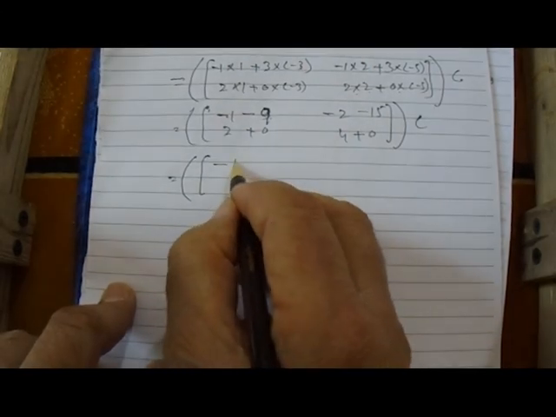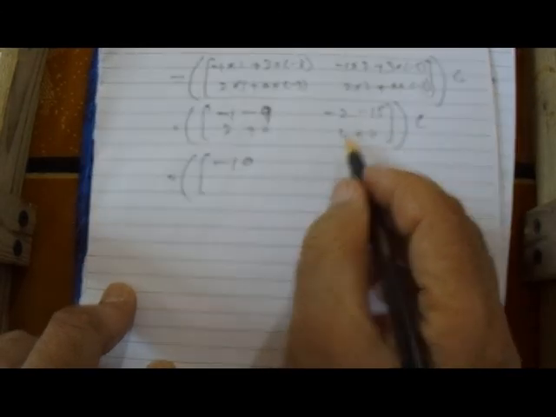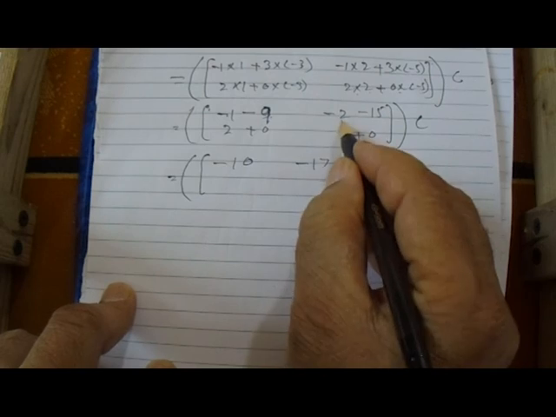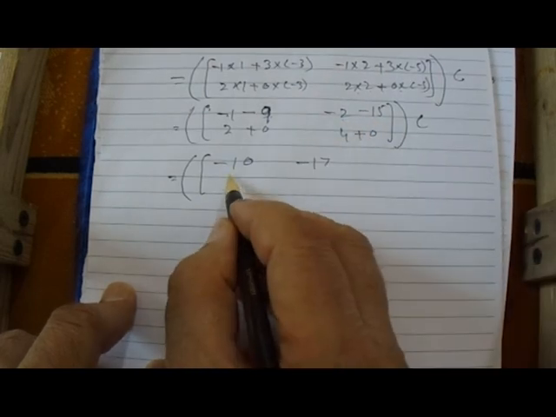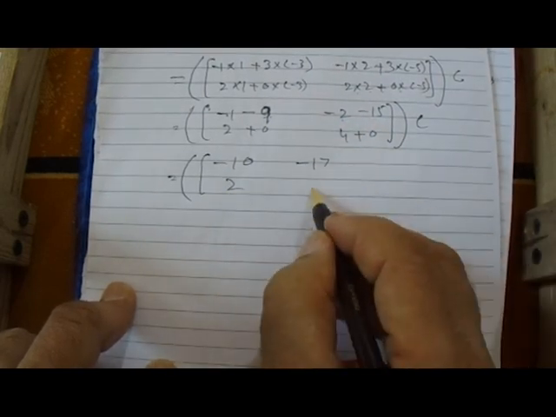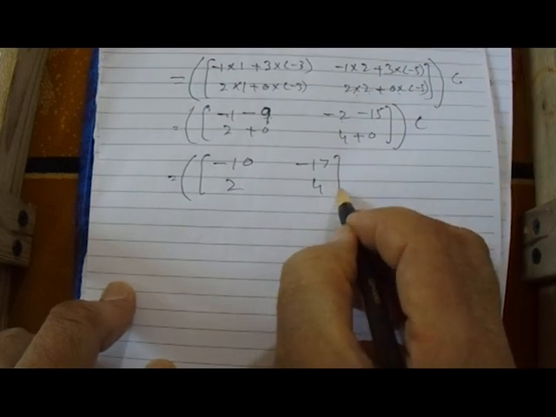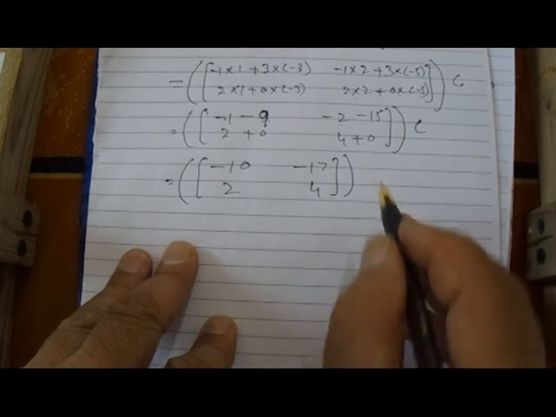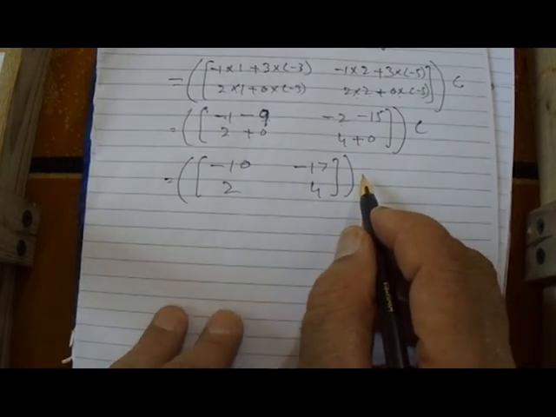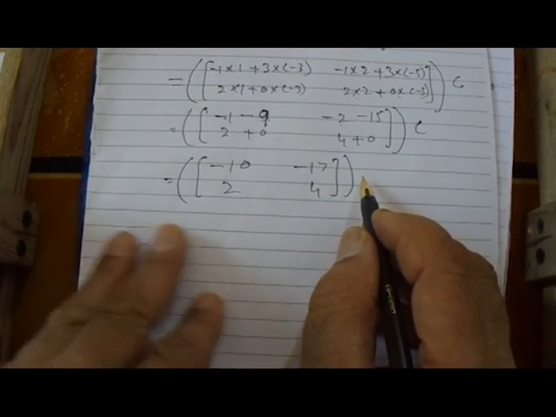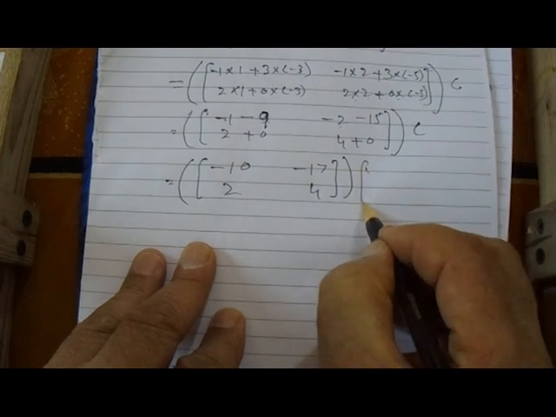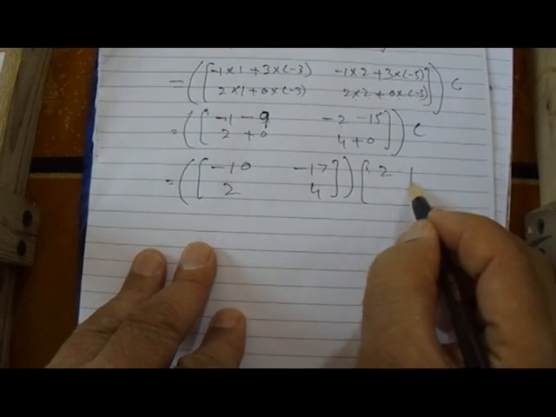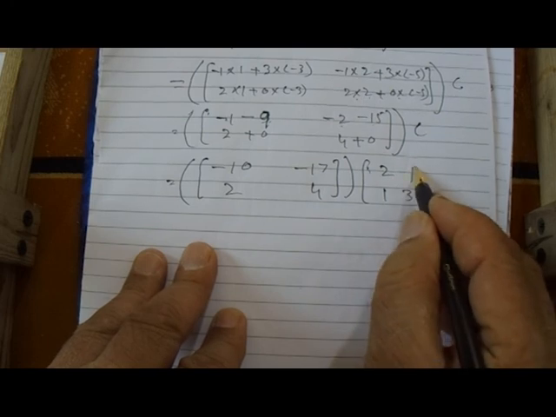We write here -10, and here -17, -2 -15 is -17, 2 + 0 is 2, and 4 + 0 is 4. Now we write A matrix, C matrix, and our C matrix is 2 1 and 1 3. This is our C matrix.